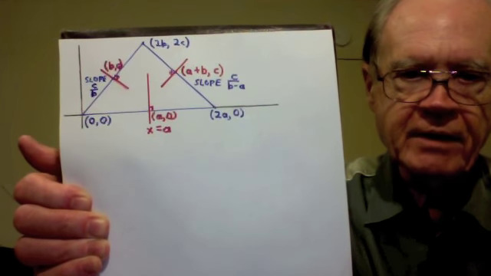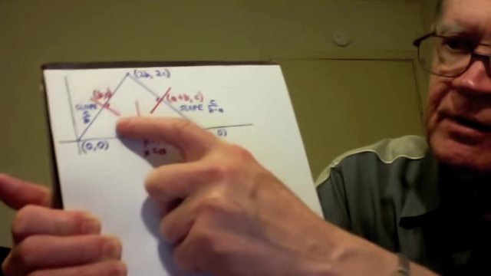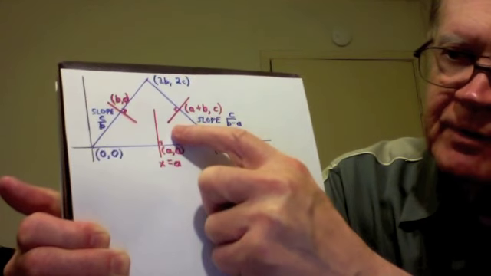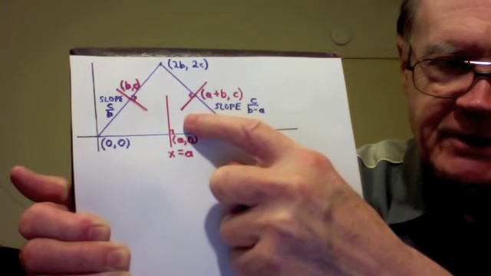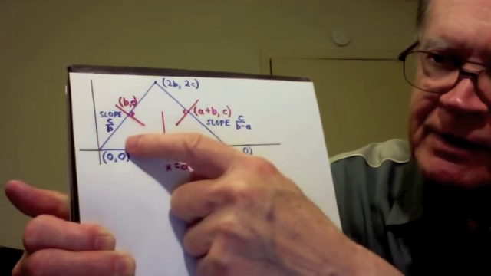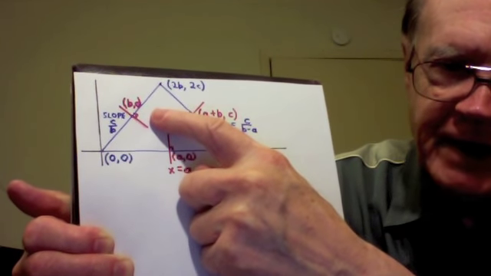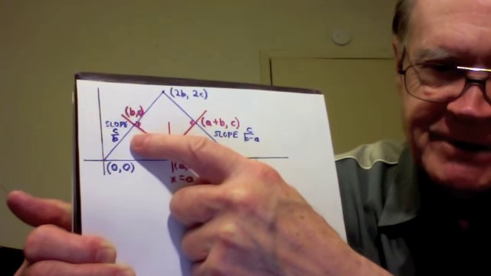Now, in order to get an equation of each of the other perpendicular bisectors, this one and this one, we're going to have to get the slope of each of them, and to do that we have to understand the relationship between the slope of a line and the slope of any line perpendicular to it.